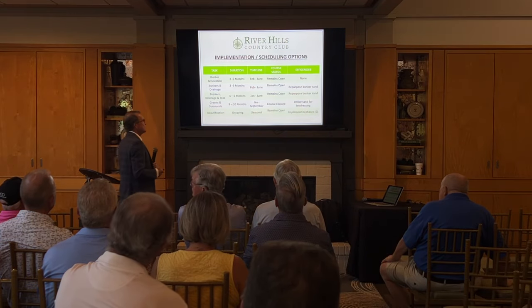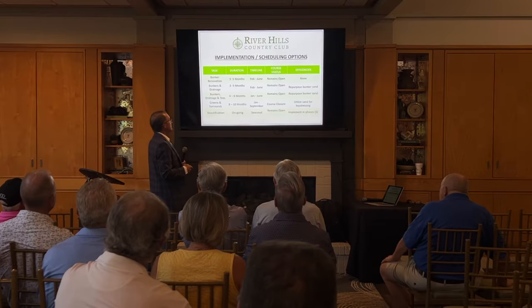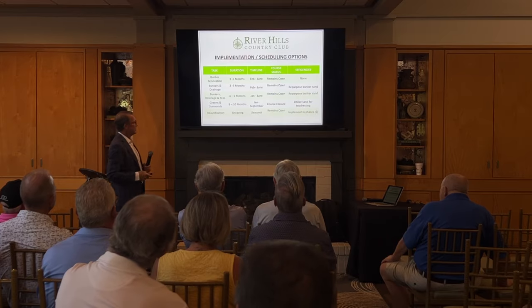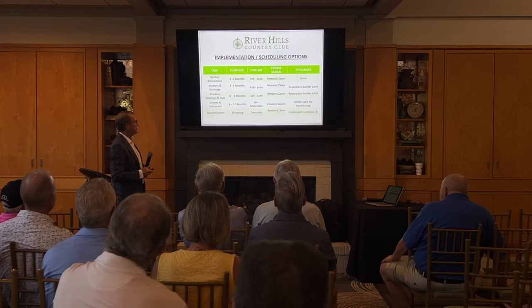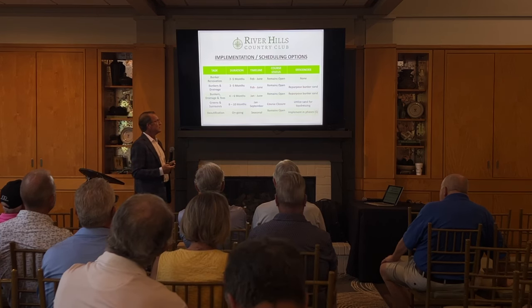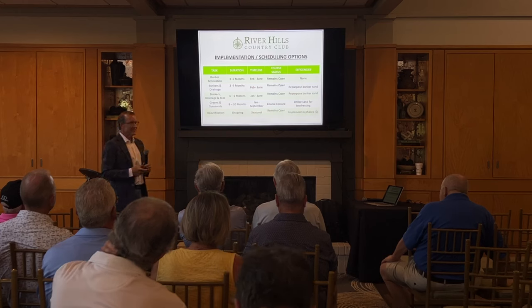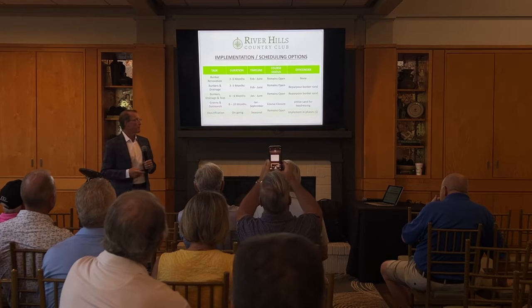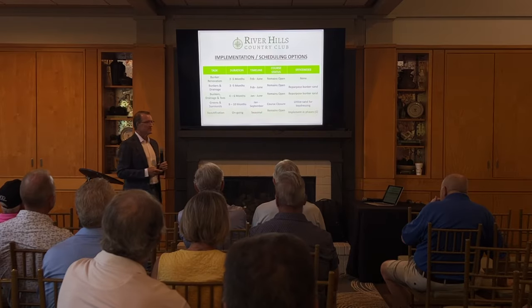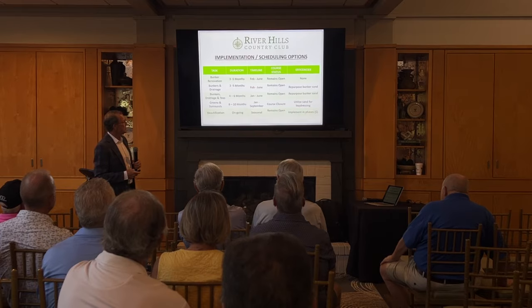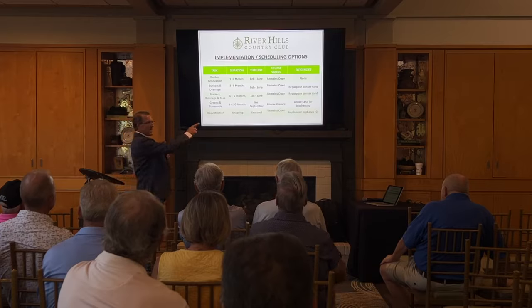Okay, implementation schedule and options. Once again, it's based off the priority that was identified by the membership. It gives you a duration, a timeline, the course status, whether the course can stay open during that scope of work, and whether there are any efficiencies by doing just that one task.